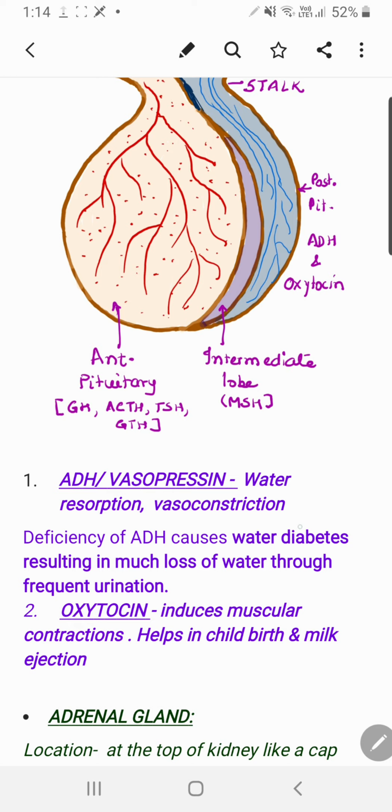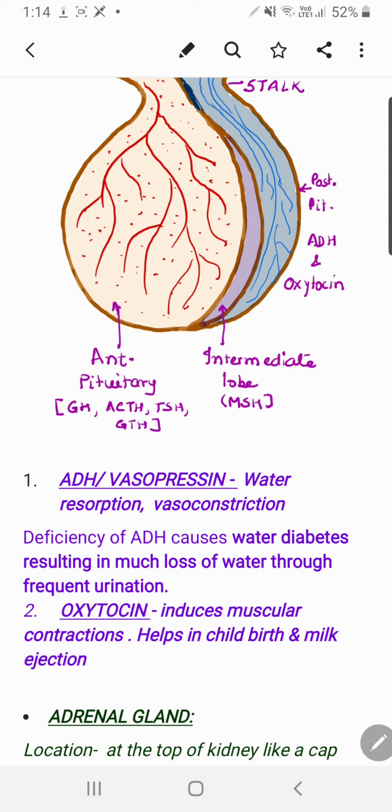Why? Because this is responsible for water resorption. That means it does not allow all the water to go out through kidney, rather it maintains the osmoregulation, it maintains the osmolarity of your blood, the concentration of water in the blood, by retaining the water back whatever is needed, right?